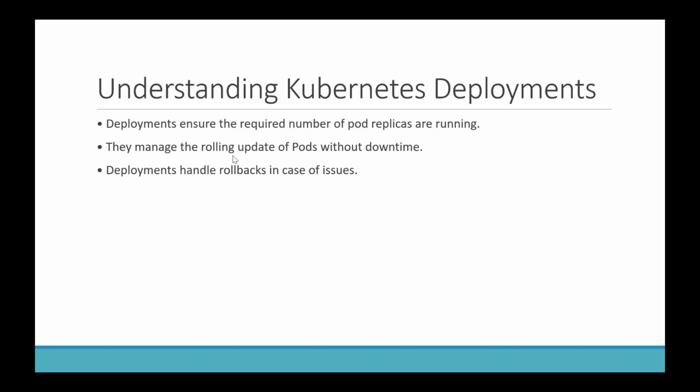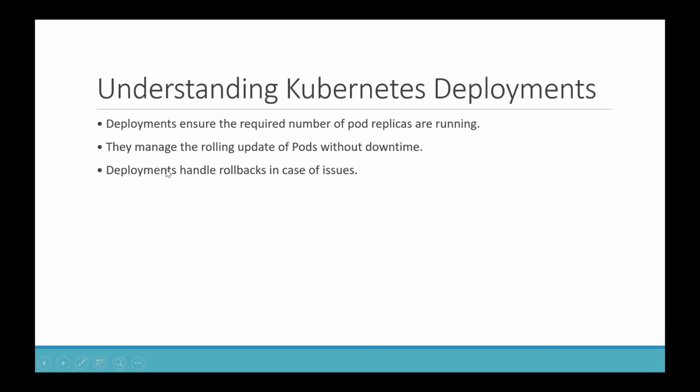In this case, your pods will be updated one by one. For example, if one pod is down, then another pod will spin up, and only then will the second pod go down. So your application will be updated and will never be down. A deployment also handles rollbacks in case of issues.